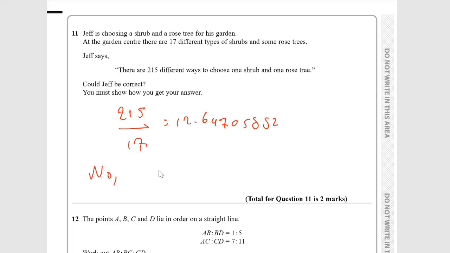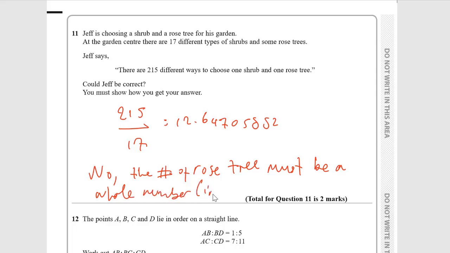So the answer is no. The number of rose trees must be an integer, a whole number. Because essentially 17 times a number is going to give us 215. That's the number of ways you can choose. But obviously here it gives us 12.6, so that's false.